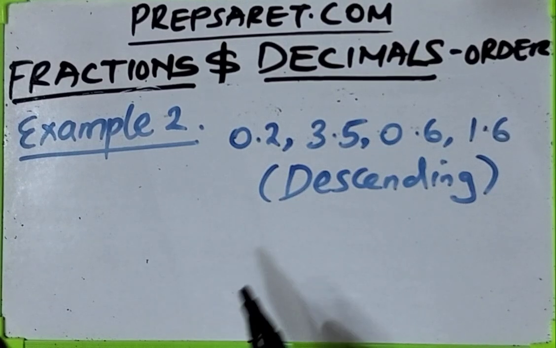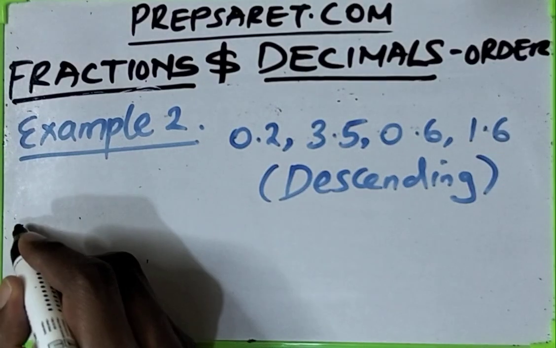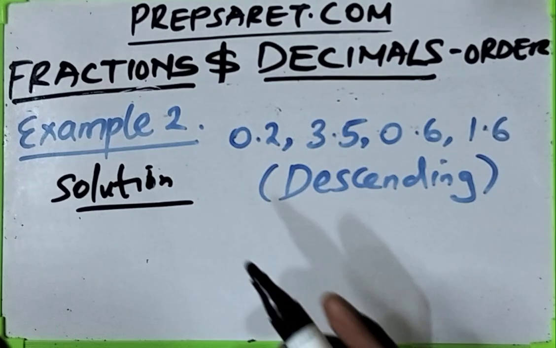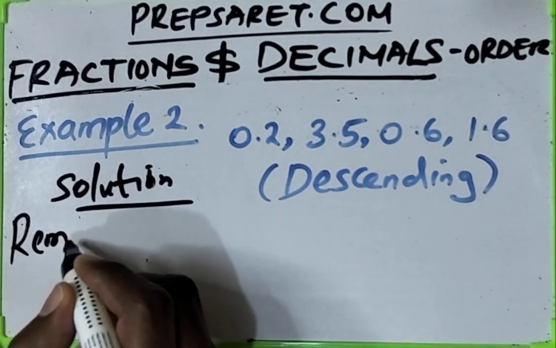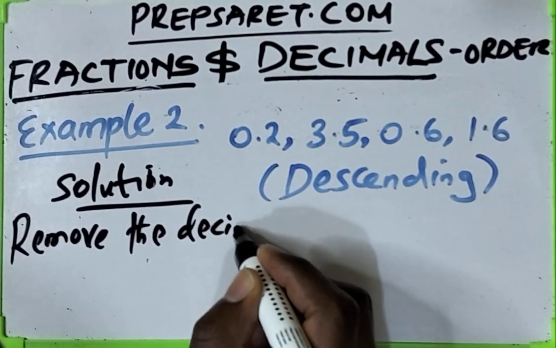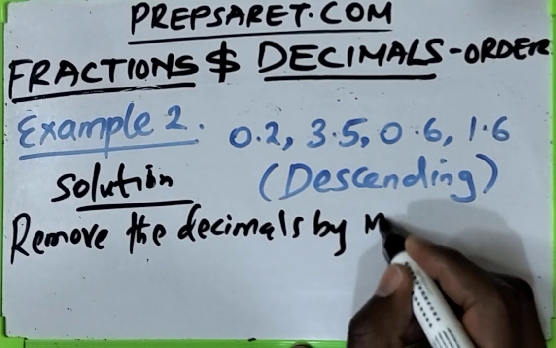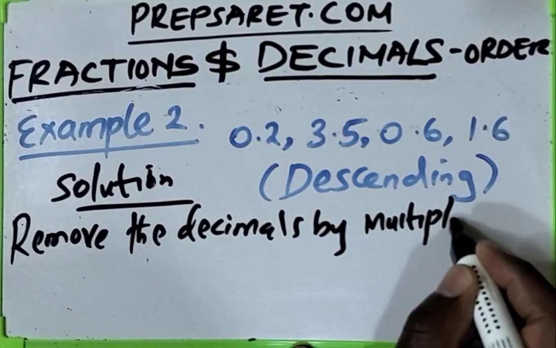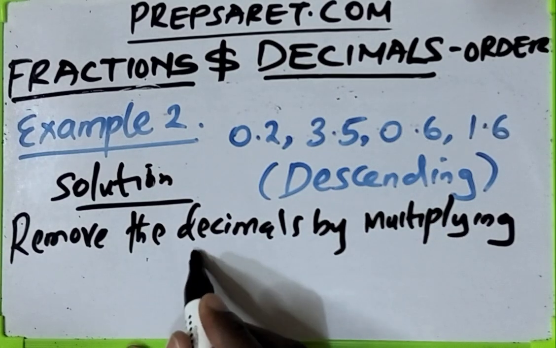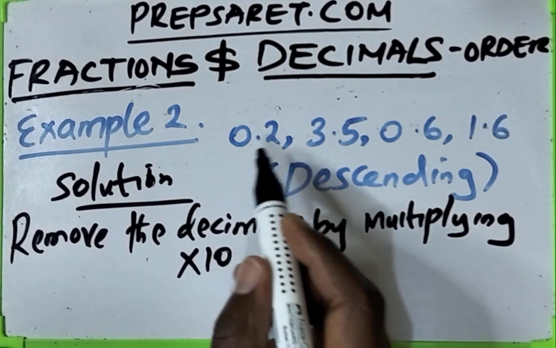So we can remove the decimals by multiplying each of the values by 10. In other words, we'll multiply all of them by 10.